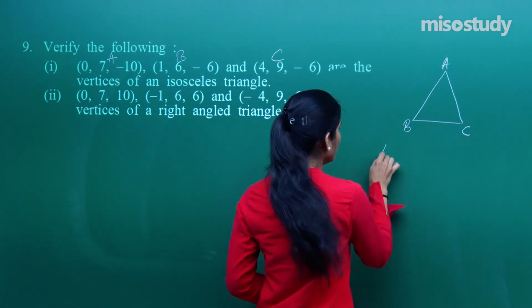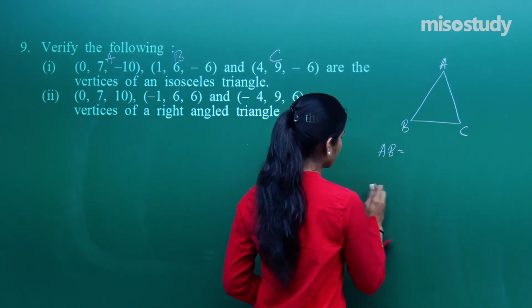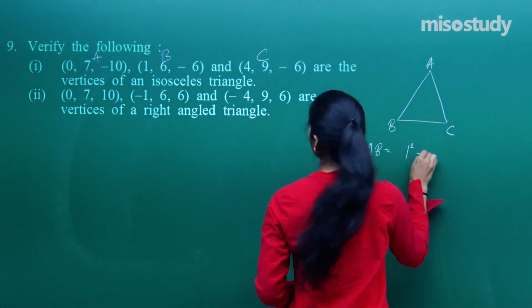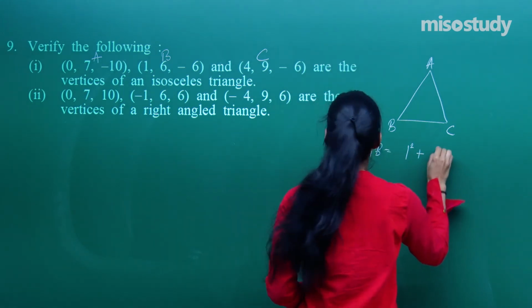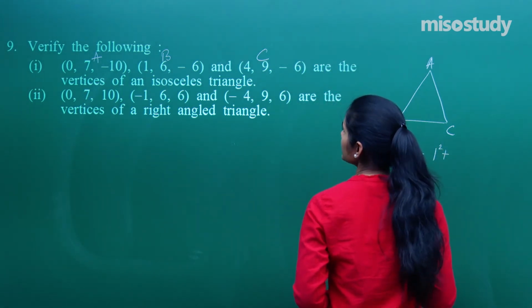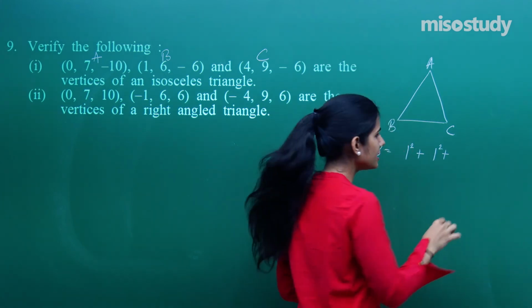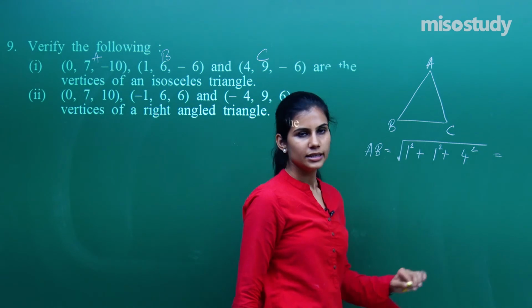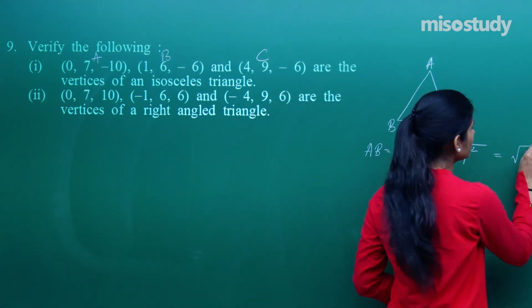Let's do that. What is AB? AB is 1 minus 0 whole square plus 6 minus 7 whole square plus minus 6 plus 10, minus 6 plus 10 is 4 whole square. Square root. 16, 17, 18, this is root 18.